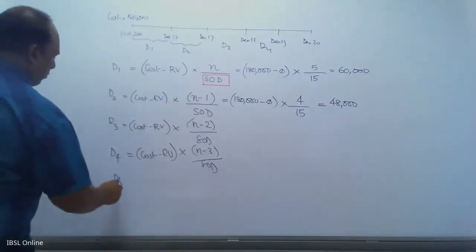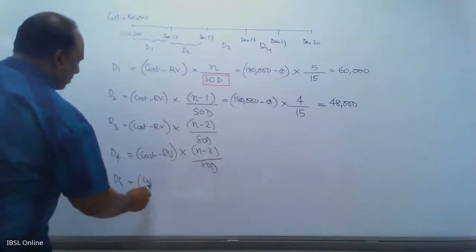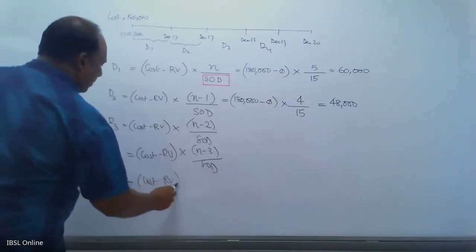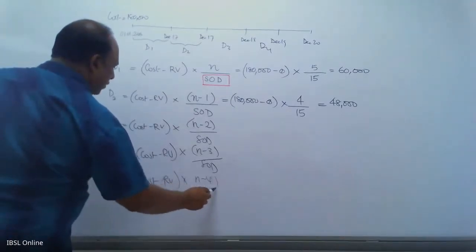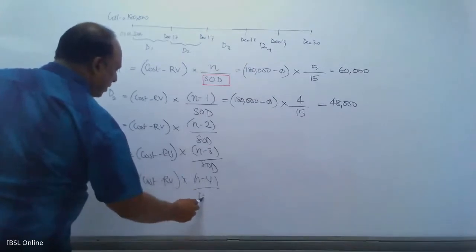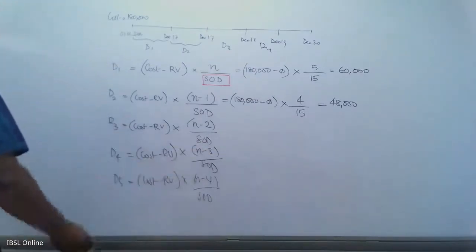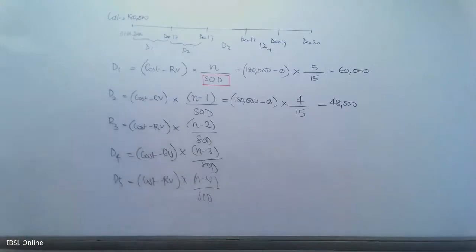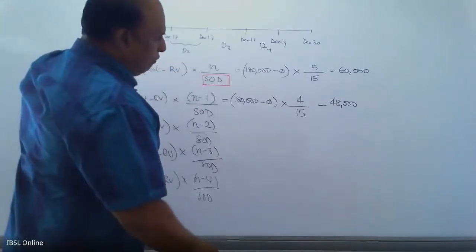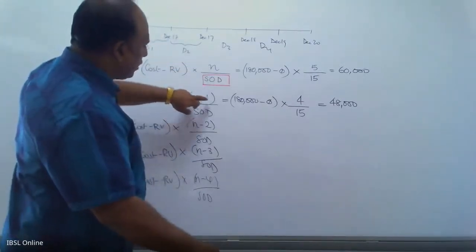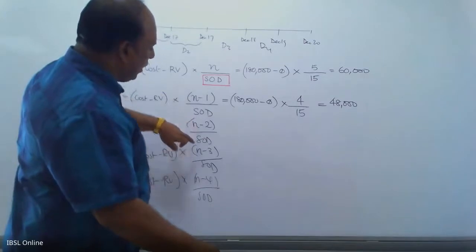So D5 would be cost minus residual value into n minus 4 divided by SOD, because when you say n minus 5, it will be 0. So the last one would be n minus 4. So the factor n refers to the useful life. When you say n minus 1, it will be 4, 3, 2, 1.